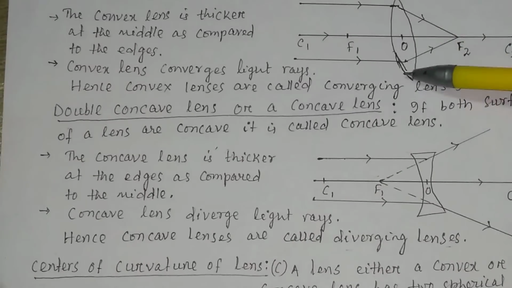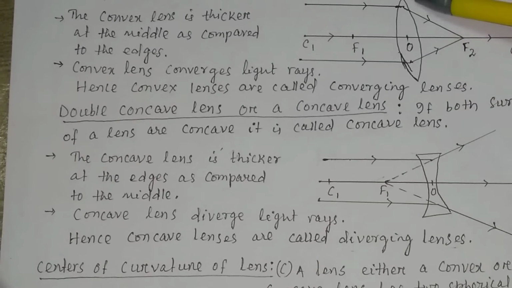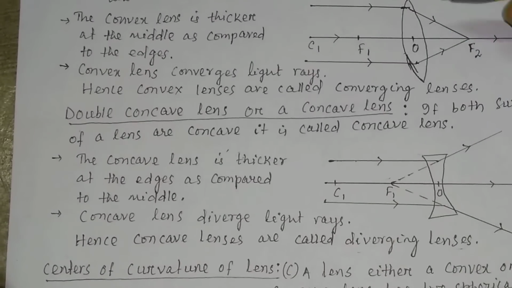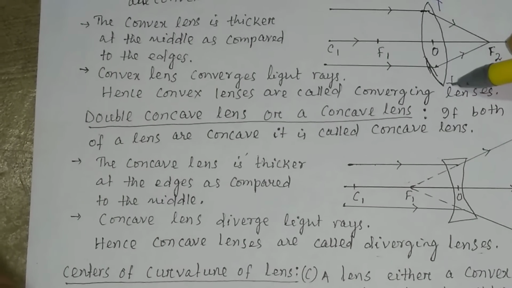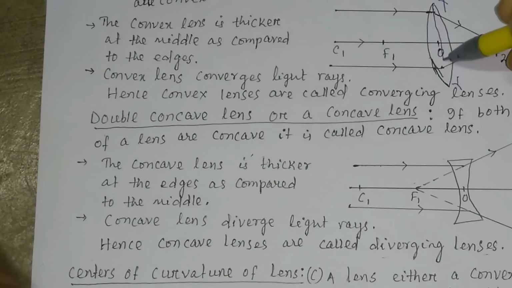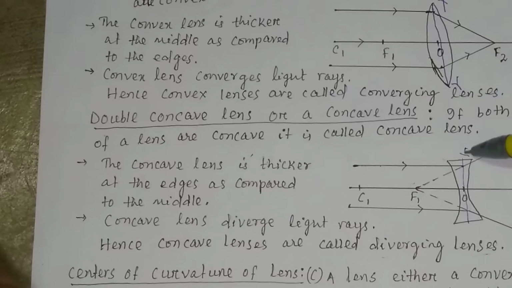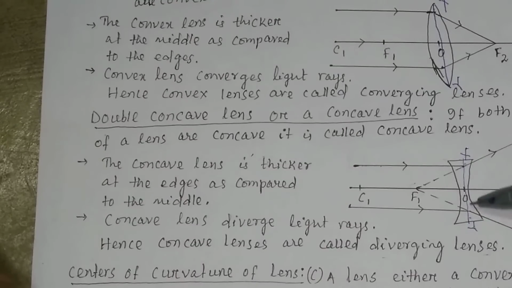So this to this is called the aperture. If I write here x and here y, then xy will be the aperture of the convex lens. Similarly, this to this, if I join this line and write x and y, xy will give you the aperture of the concave lens.